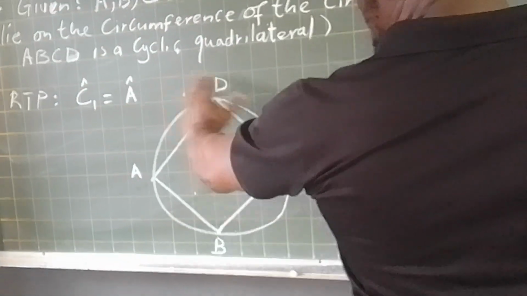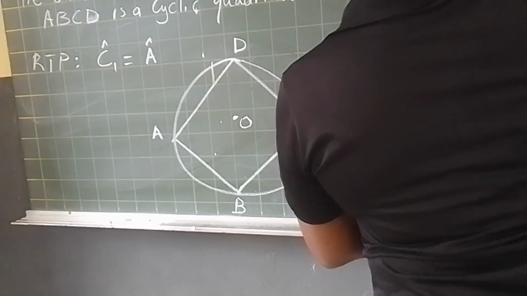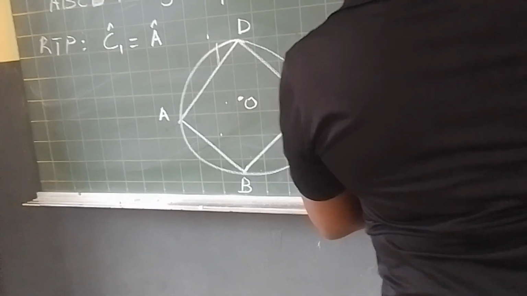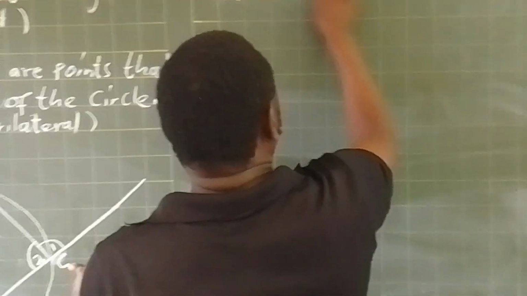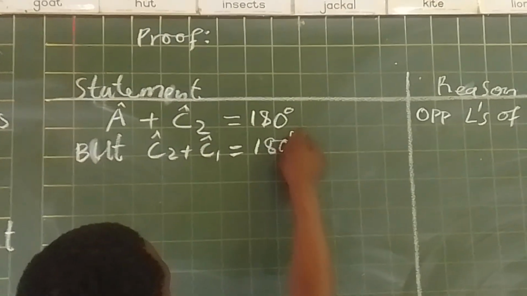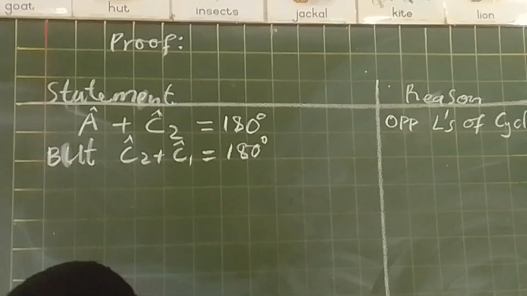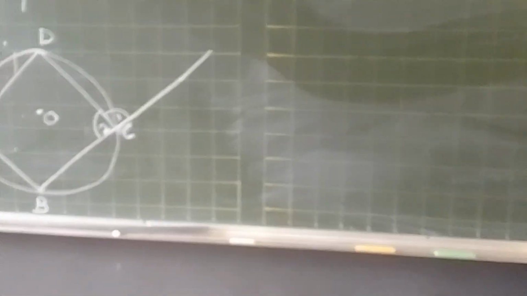If you check in this figure, you have the situation whereby C2 plus C1 is equal to 180 degrees. You see, C2 plus C1 is 180 degrees. The reason for that is a what?